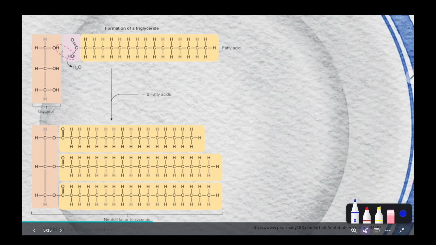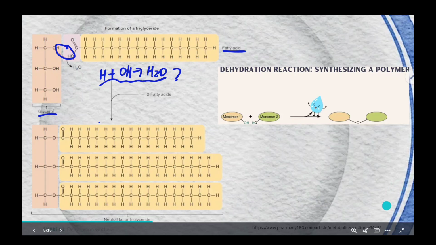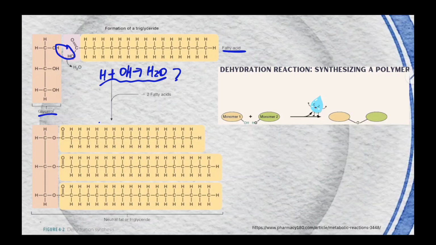Now this is the structure of triglycerides. As you can see, here's glycerol, and there's one fatty acid. There's H and HO combined, so they make water. But aren't you familiar with this? Yes, we've seen this in our previous videos: it is a dehydration reaction, which means combining a polymer, and water is made in this process.